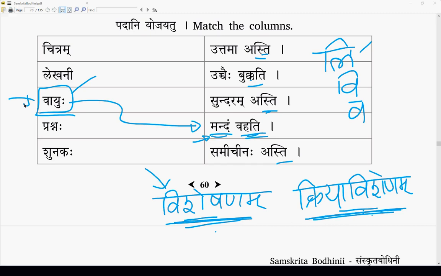Vayu is also namapadam, though it is not a visheshanam or a kriya visheshanam. If something is describing Vayu, which is not in this sentence, then it will be a visheshanam. And Kriya Visheshanam is also a namapadam only. Though it is describing the kriya padam, it is a namapadam.